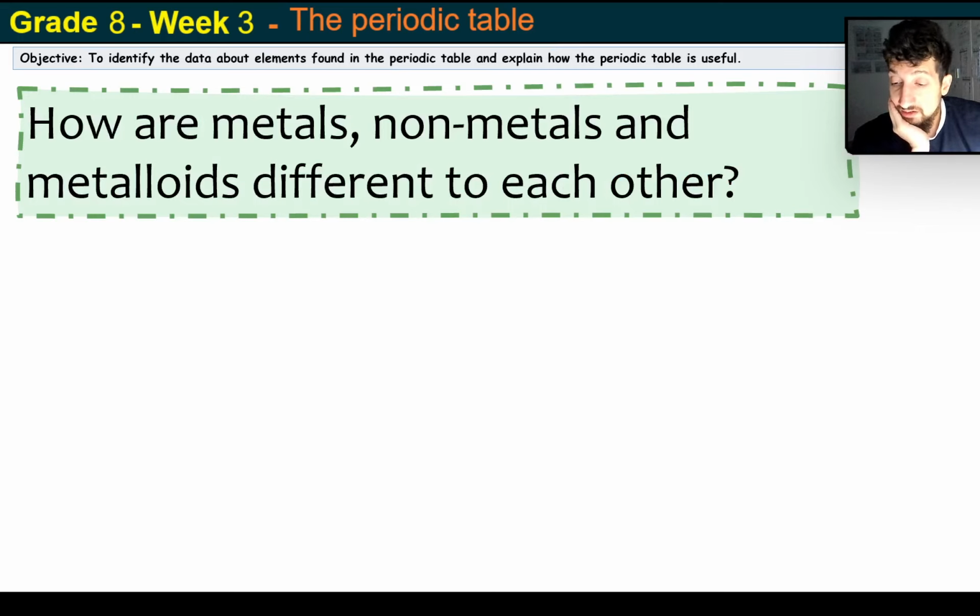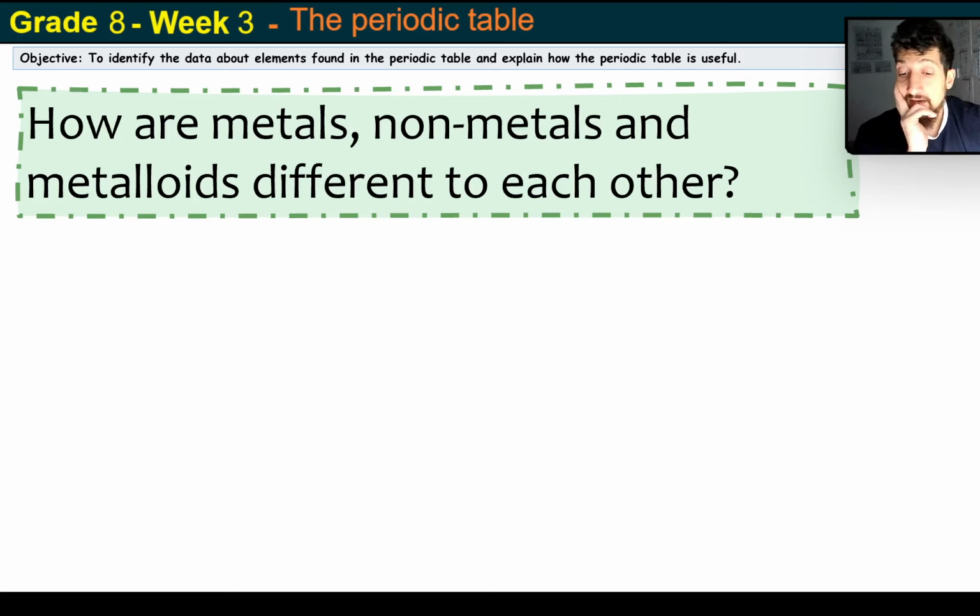How are metals and nonmetals and metalloids different to each other? Well, as you probably know, metals are conductive, metals are sonorous, metals are malleable, metals can be magnetic, metals form colored compounds if they are transition metals.